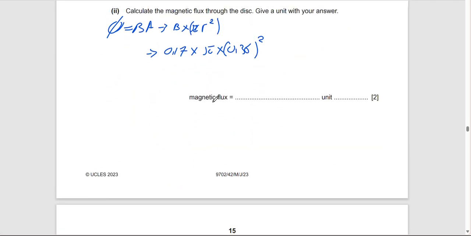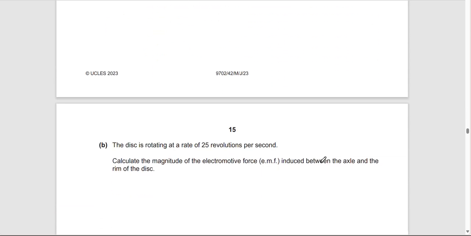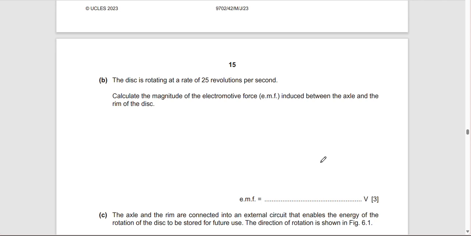Then we plug that in the calculator, and our answer to 2 significant figures is 6.9 by 10 to the power of -2. Our unit is going to be the Weber, the unit for magnetic flux.